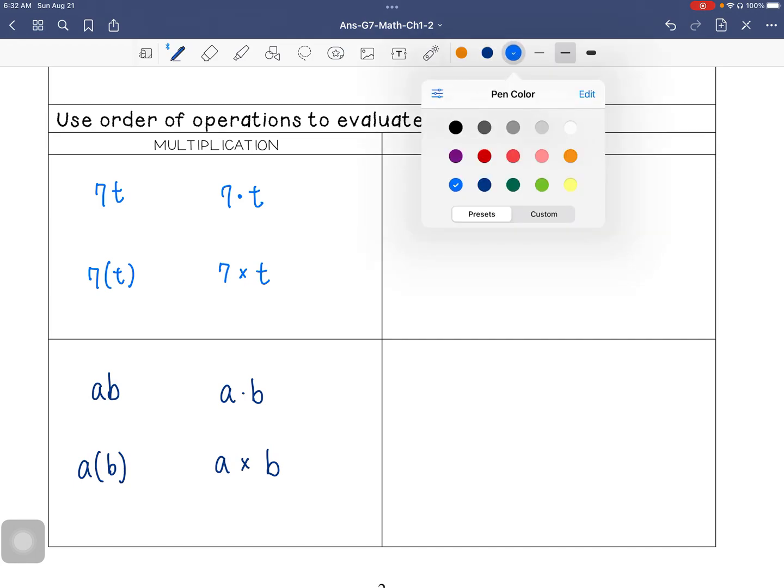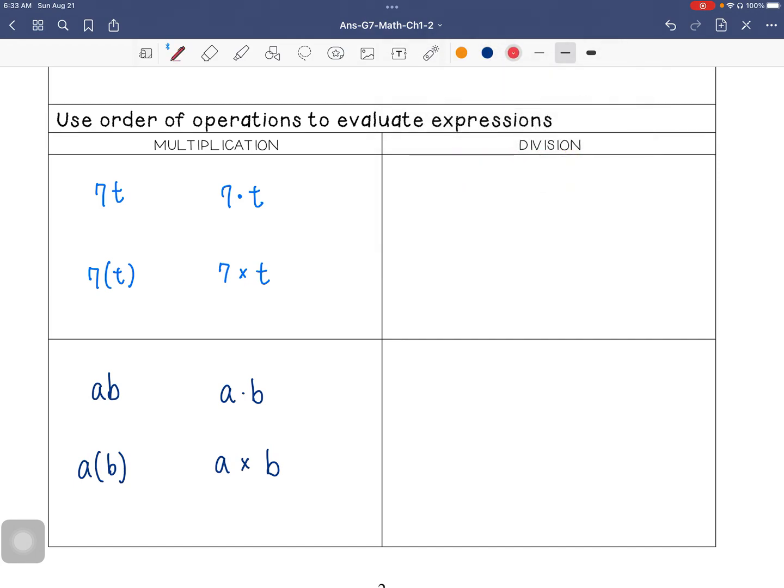And for division, q over r equals q divided by r. Q slash r also equals q divided by r.